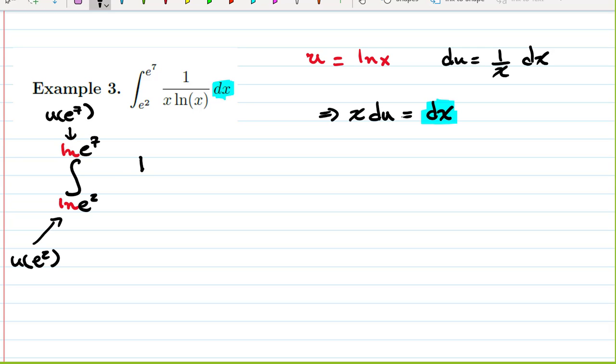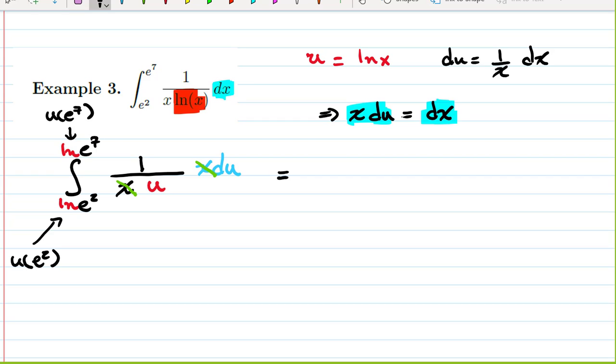And then we have 1 over x. Well, ln x is the same as u, so times u, and then our dx is x du. So now we reduce out. Notice, as is supposed to happen, our x's reduce out, and we simplify.